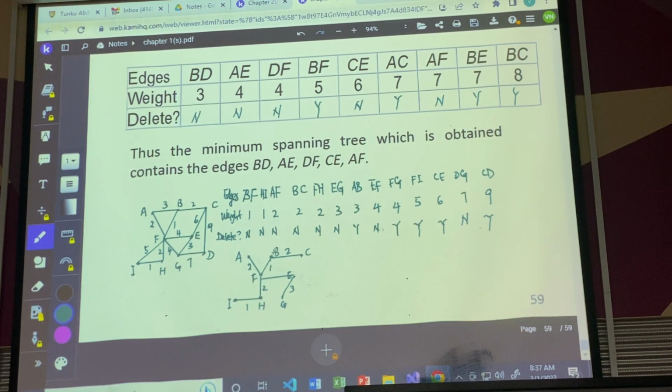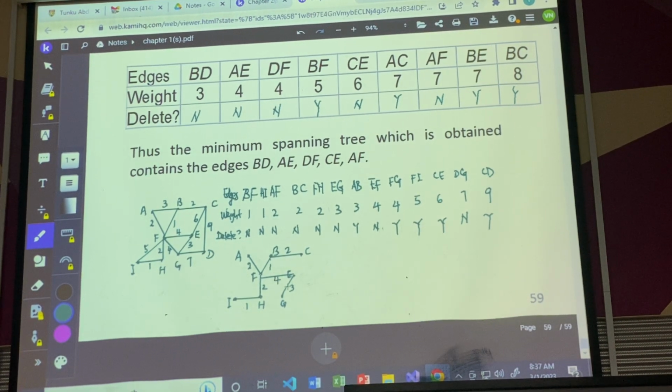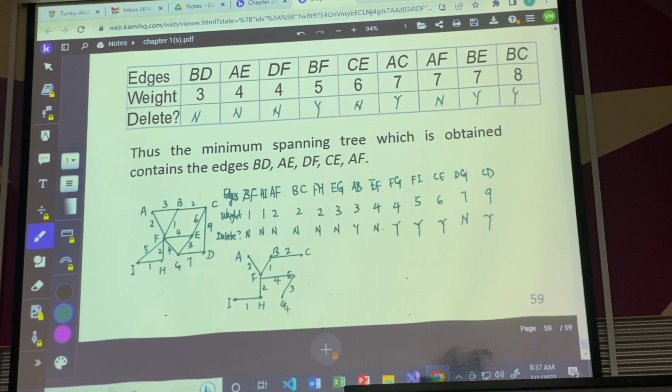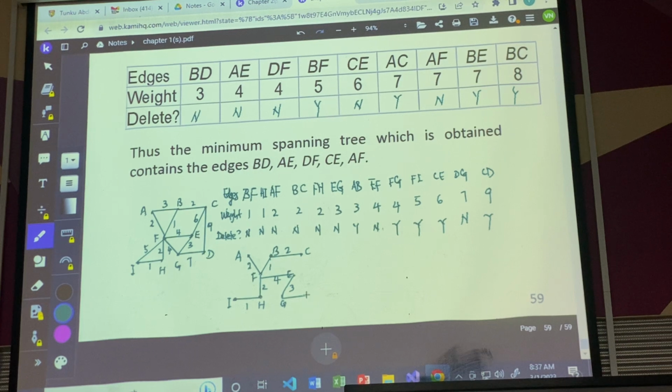This is Ef for mine. This one is 4, and then we have Dg, which is 7.